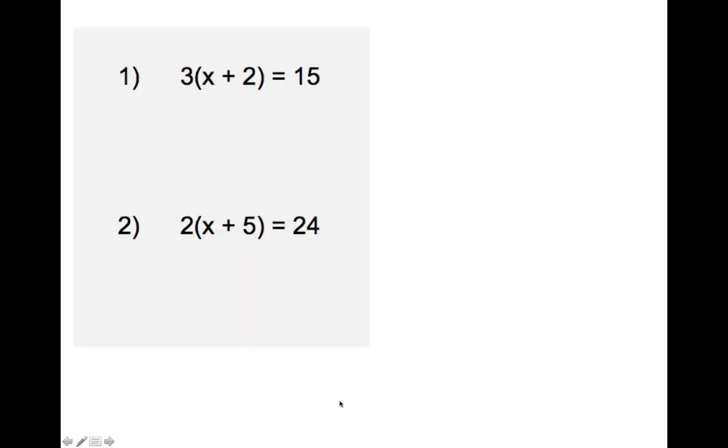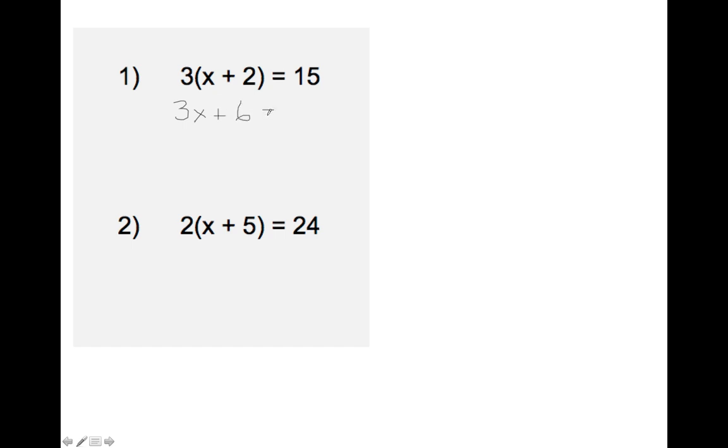Right, our next example has some brackets. So the first thing we need to do is multiply out the brackets. Everything inside must be multiplied by the number outside. So 3 times x is 3x. 3 times 2 is 6.